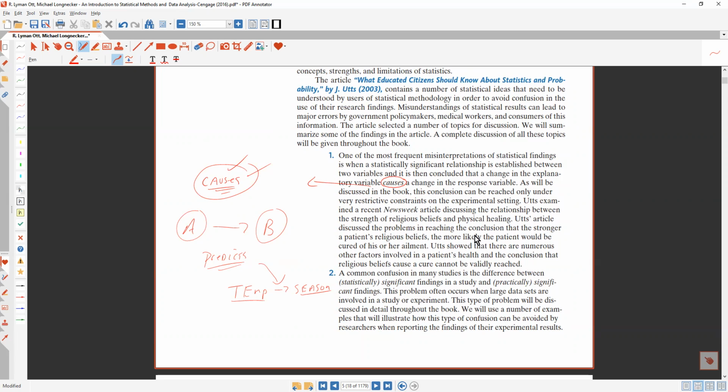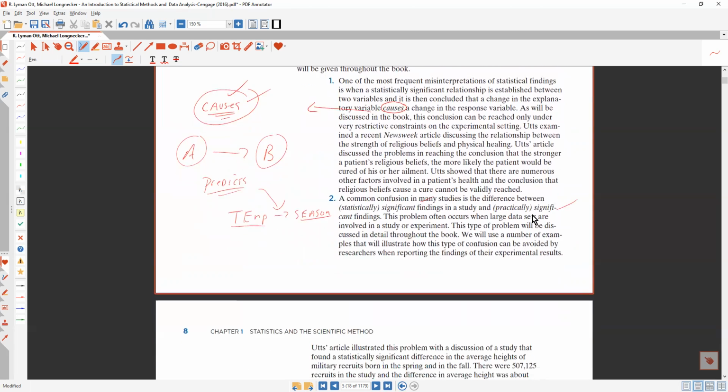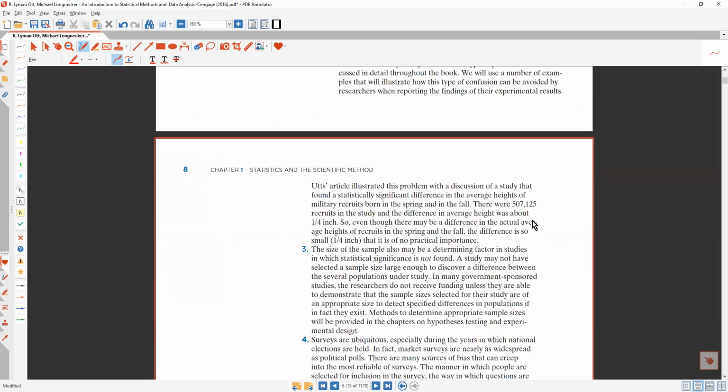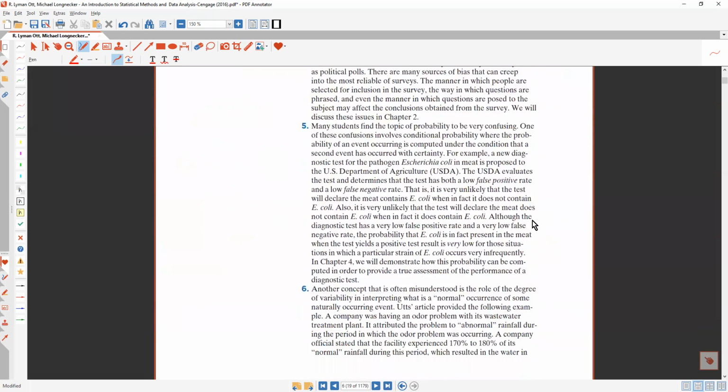And like I say, making causal statements is really, really hard in science. And we'll talk about issues of causation as we go on, but just know that we're not primarily going to be able to answer that using stats. We will talk about this as we go. What are statistically significant findings? That discussion won't make very much sense now because we haven't studied what statistical significance is. Some other things here that you can read through.